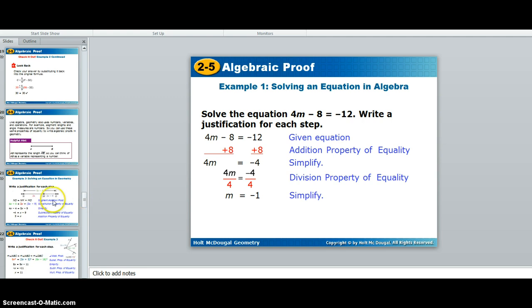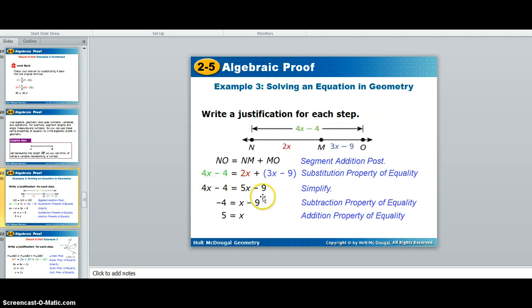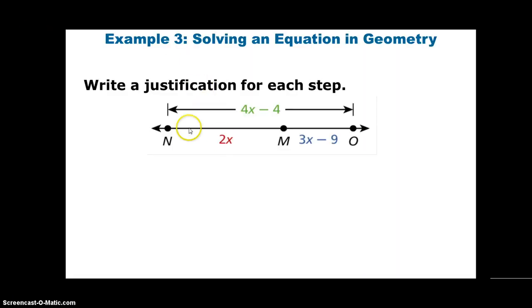We're going to relate this a little bit to geometry. Here we want to look at the justification again for each step. I know the answers are on here, but it's easier than me typing it. Maybe I'll do this. There we go, and then I can click to get the next step. That's perfect. If we're looking at this line segment, it's the same length as N and O, and we're going to justify some different things.